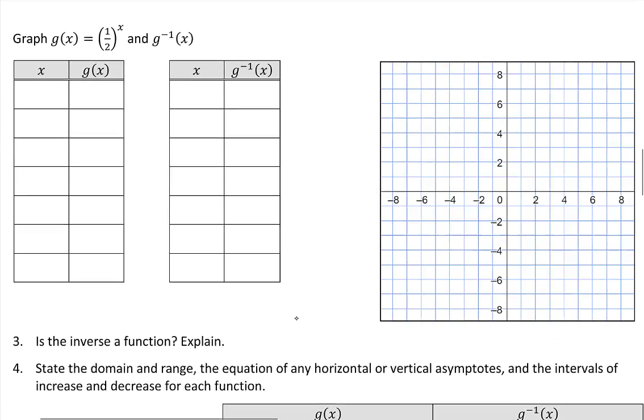Let's examine one more exponential equation and its inverse. So again, try to complete the table values yourself and then check your work.